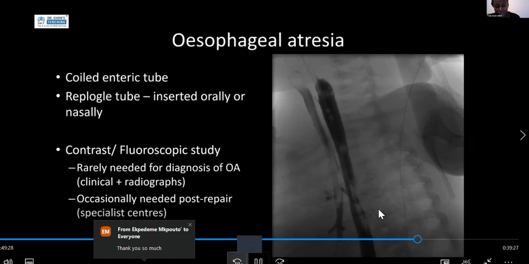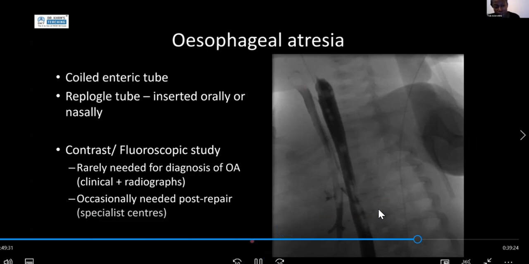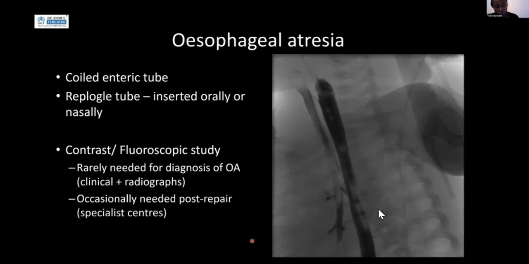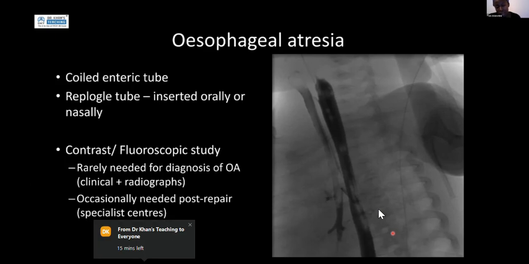This study is looking for an H-type fistula. So this is the way I do it. We do an esophagram. You have your NG tube in the esophagus, and then you inject contrast into the esophagus. Similar to how I do my anastomotic leak studies post-repair, I gently pull back on my NG tube as I'm injecting contrast and see if I can see any contrast going into the trachea.